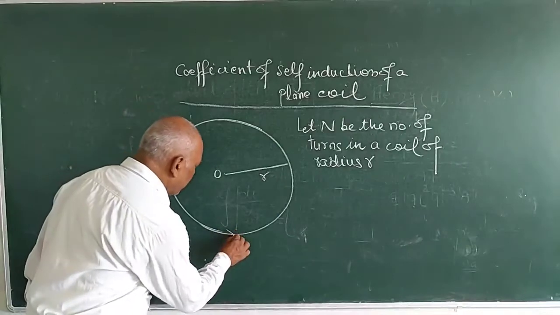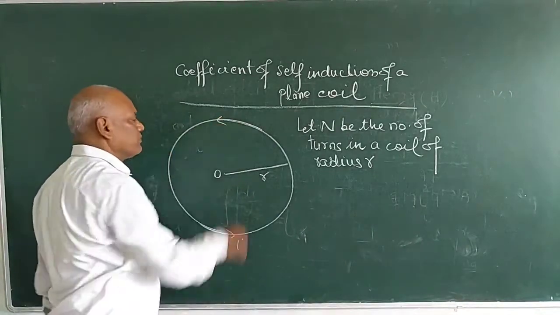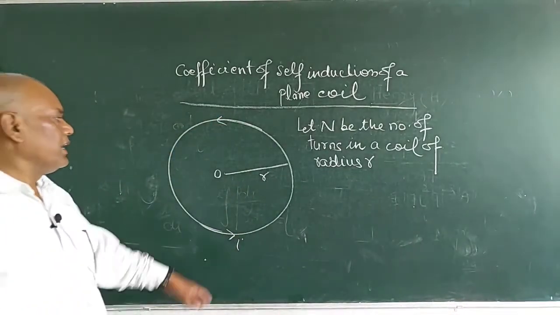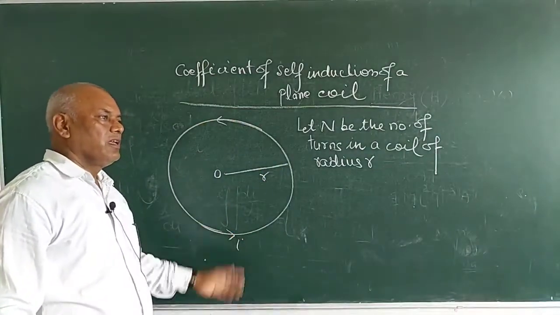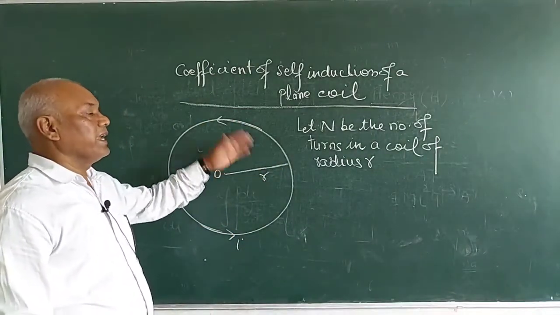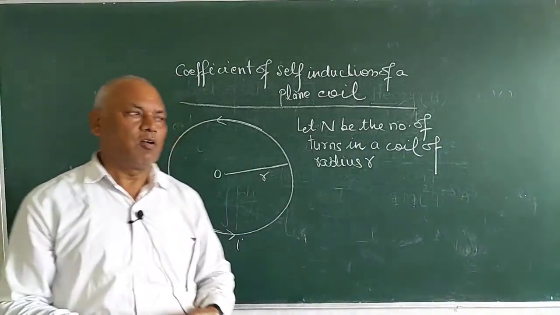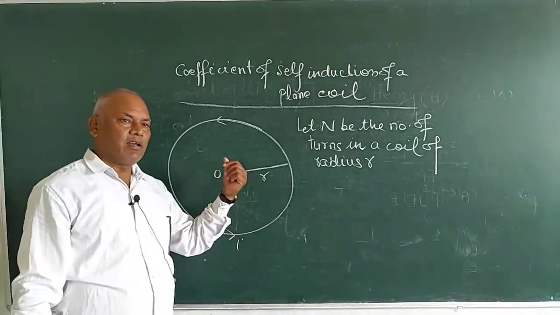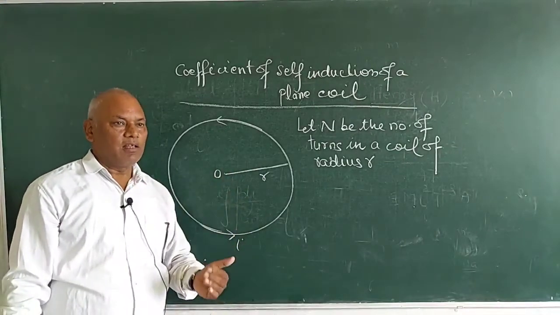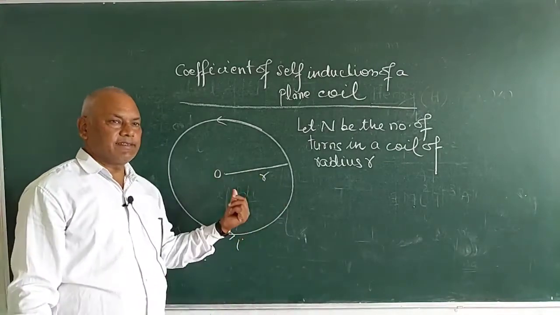When current I flows in this coil, then magnetic field arises around it. You have already known that when current flows through a coil, then magnetic field arises.